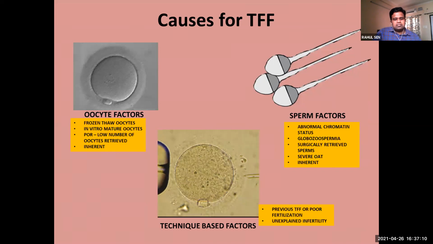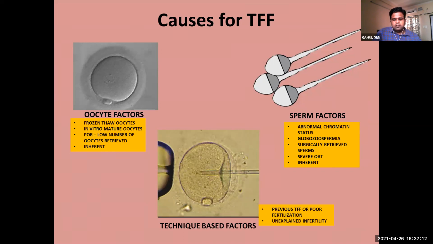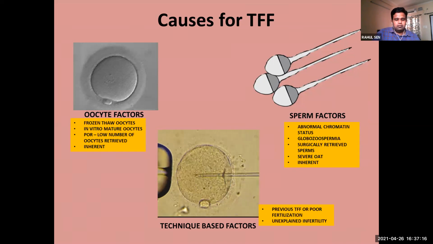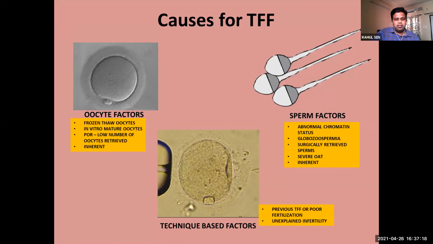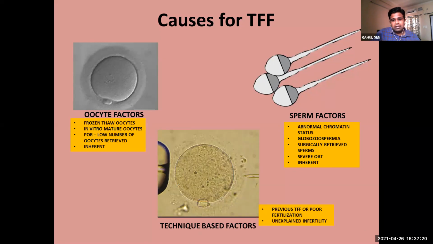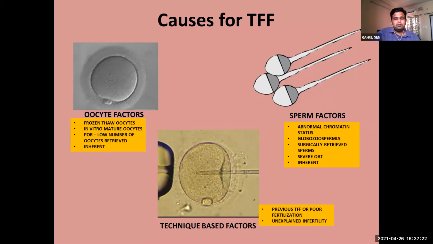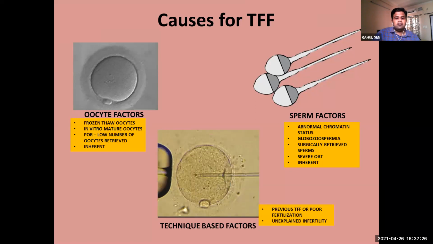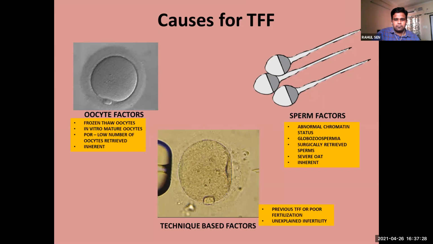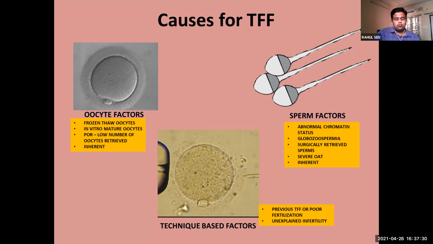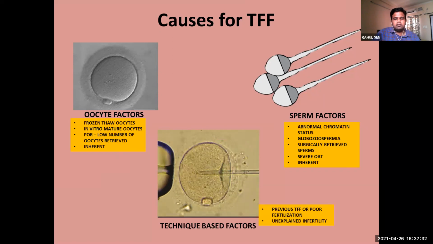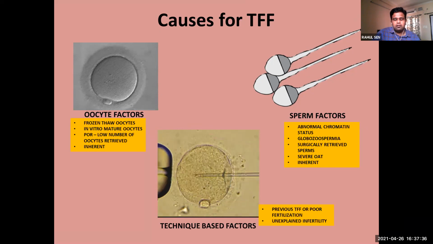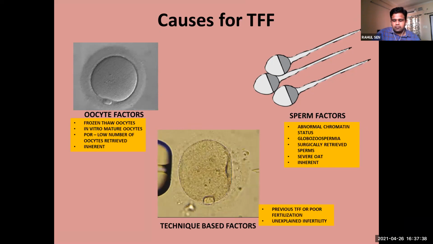If the oocytes are in vitro matured, if the patient is already suffering from poor ovarian response, or we have retrieved fewer oocytes in that particular cycle, or the patient has a genetic inherent predisposition to this kind of problem, in those situations we may see total fertilization failure on day one of that IVF cycle.